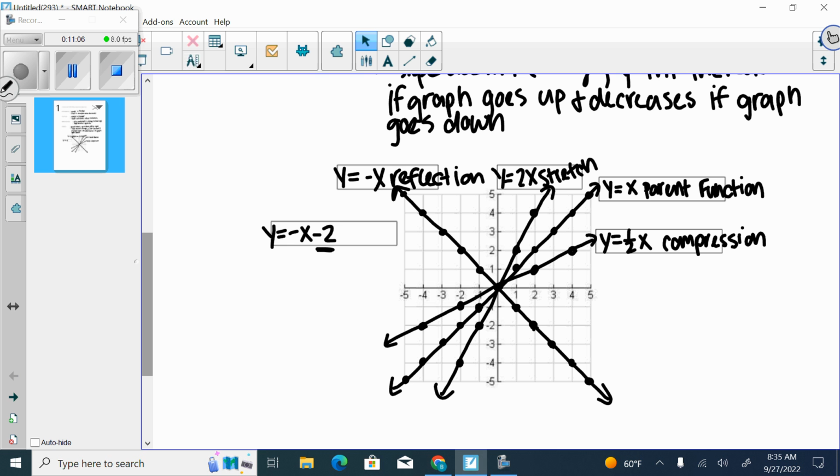This part right here is the translation. So instead of starting at 0, 0, I'm going to start down here at -2, but I'm still just going to go up 1 and over 1 in the negative direction, or down 1 and over 1. If you notice, the slope of that line didn't change at all, right? It's the exact same as the one we just graphed. We just picked the whole line up and moved it down 2 spots, right?